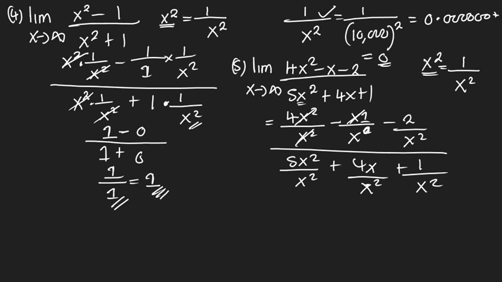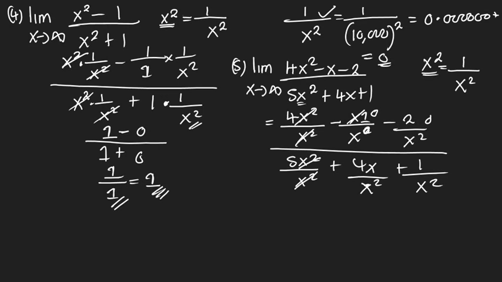I want you to imagine infinity as 1 trillion. 1 divided by 1 trillion will be a number such as 0.000 something, a number close to 0. So this part is giving you 0. Even here, 2 over x to the power 2, 1 trillion to the power 2 is a number you can't even count. Hence, this will also give you a number close to 0.